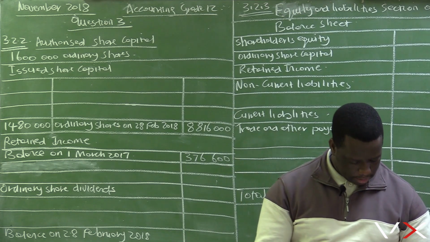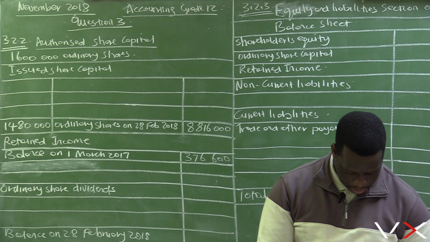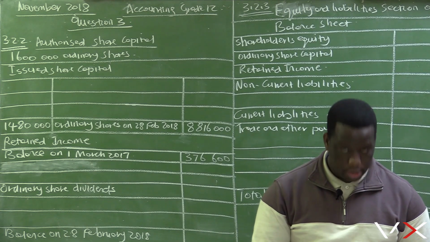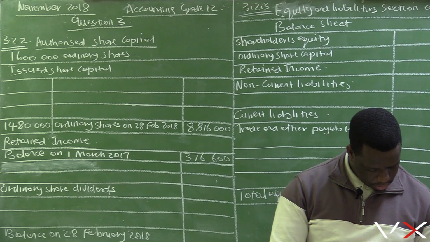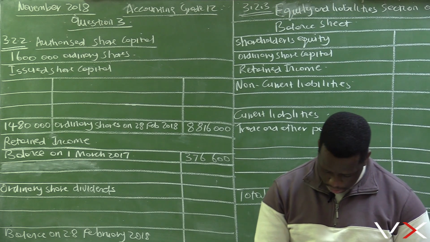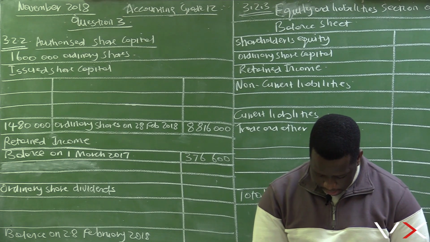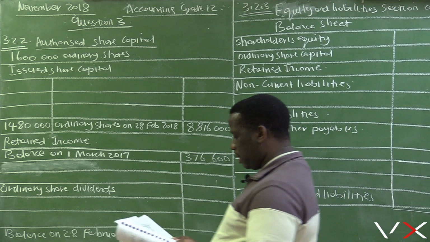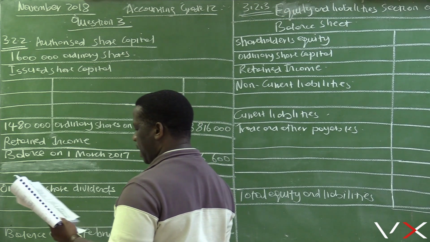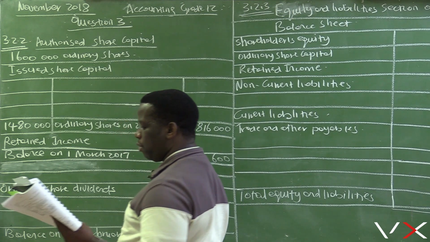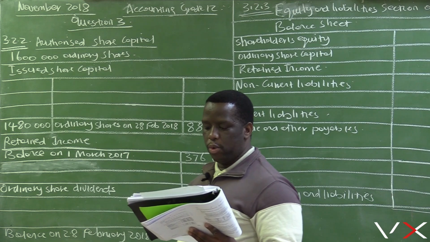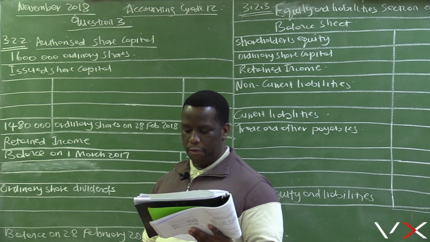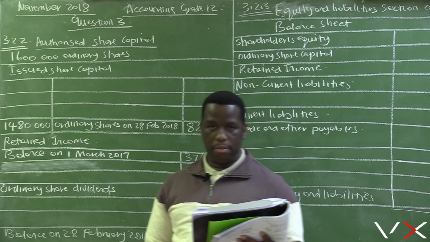It is always advisable that the learners have the question paper in front of them so that you are able to follow the lesson. Question 3.2, it is Tembiso Ltd. And 3.2.2 says notes to the balance sheet, statement of financial position. That's on page 8.